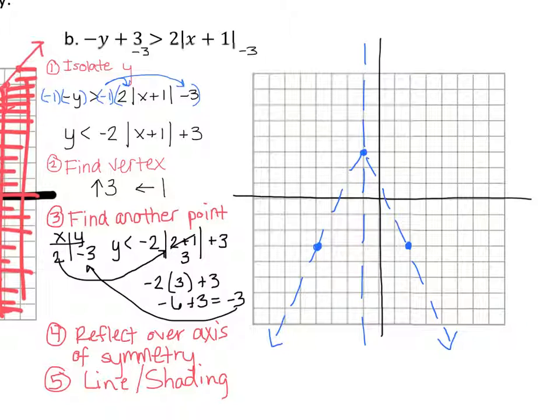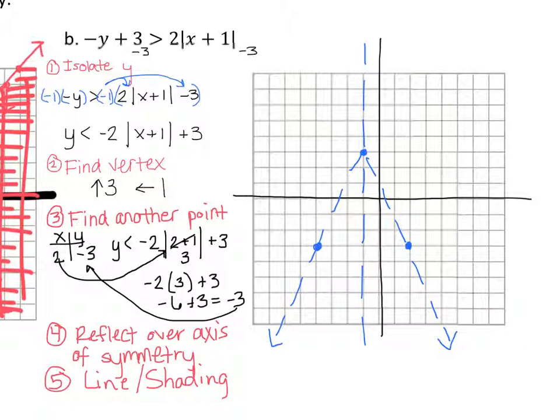All right, and then should it be above or below? Which side? Where are we looking for this? The new one, where y is by itself, because that's what we graphed. So it's less than, so we need to go below.